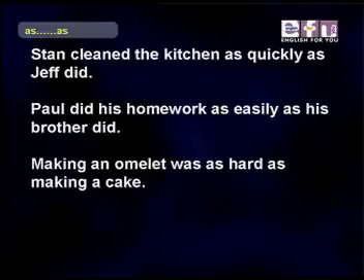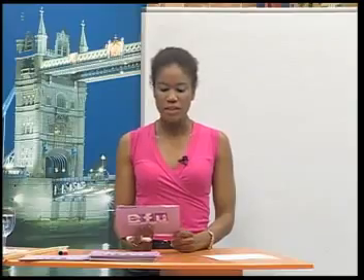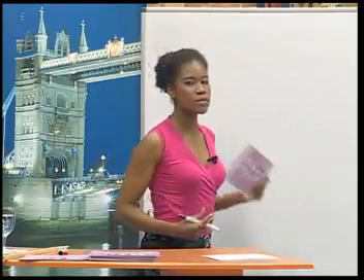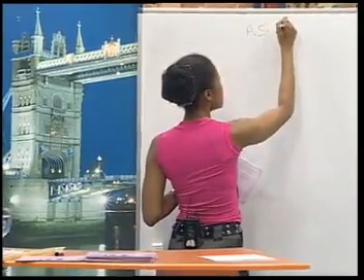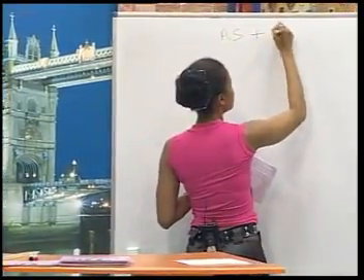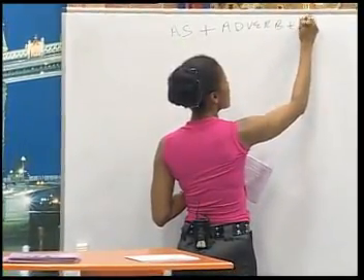Making an omelet was as hard as making a cake. Next, he drove the car as carefully as his father did. So we can see that adverbs are used with as in the same way as adjectives. As plus the adverb plus as again.